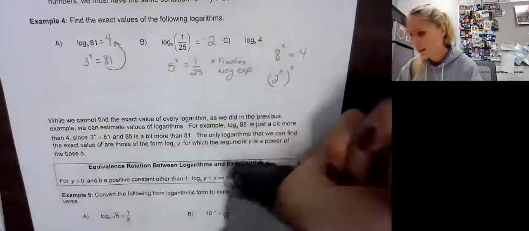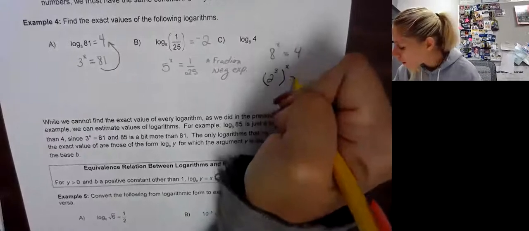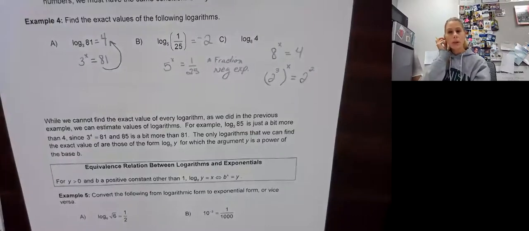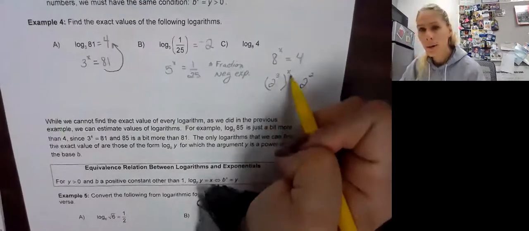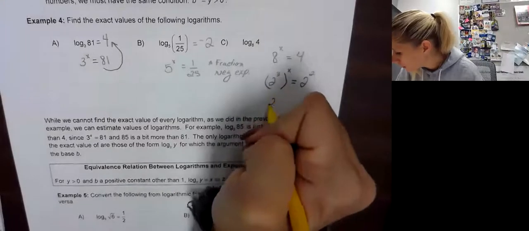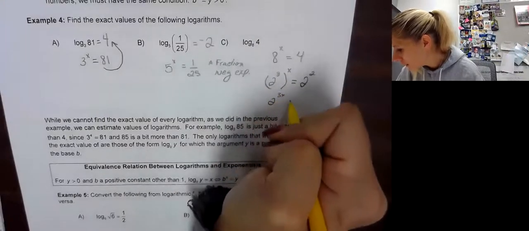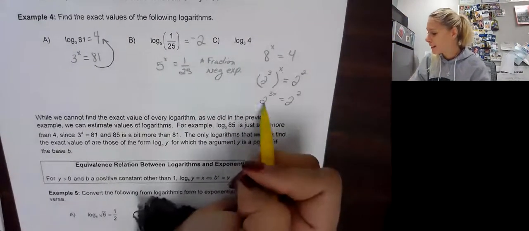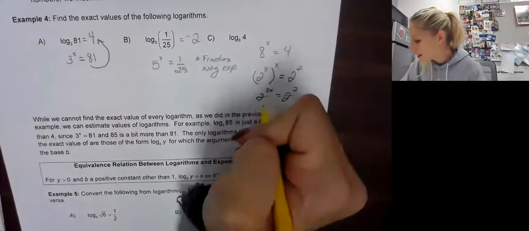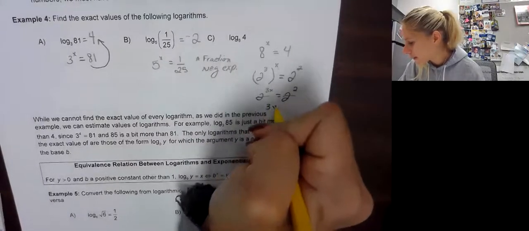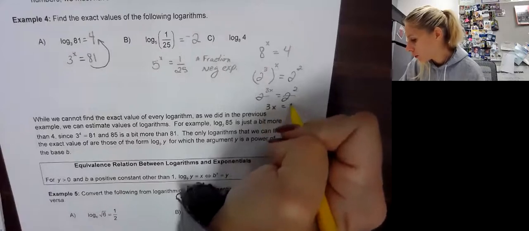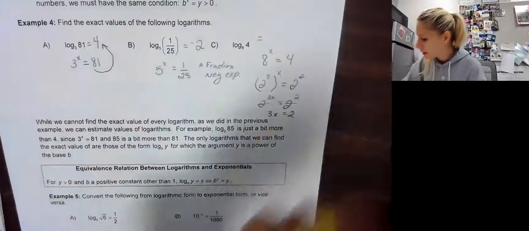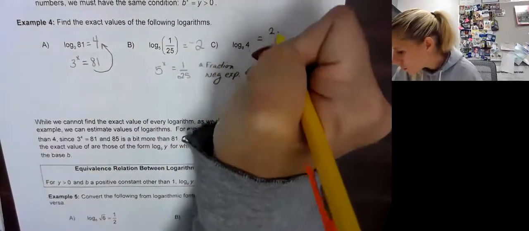And then, of course, we still have that x. And 4 is 2 squared. Now, let's use our exponential properties. Power to power means we multiply. So this is 2 to the 3x equals 2 squared. Now, what this means is since they have the same base, we can ignore it and realize that 3x should equal 2, and we solve. Divide by 3, and we get that x equals 2/3.